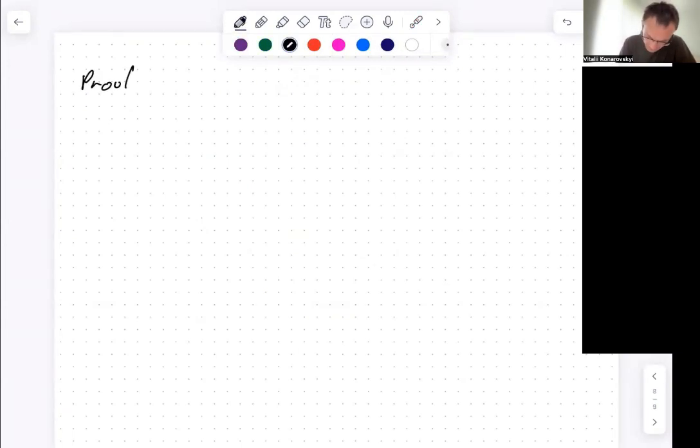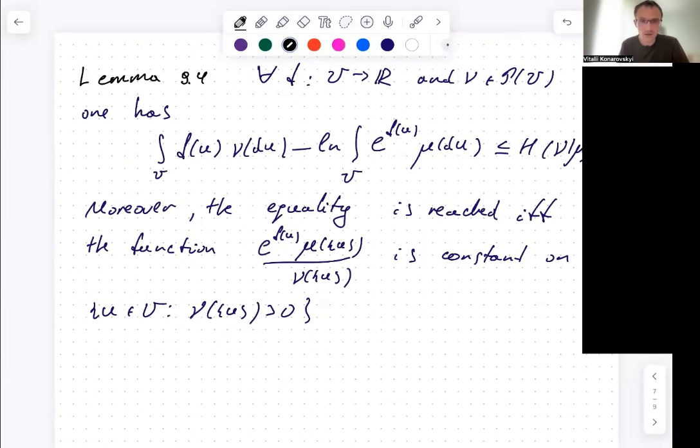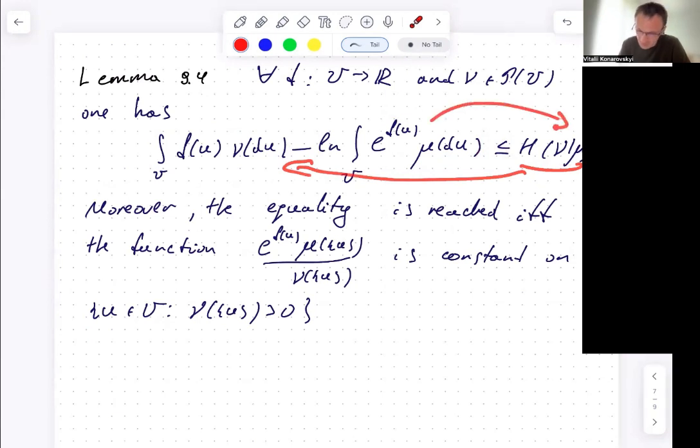Proof. And the proof, I would say, easily follows from the application of the Jensen inequality for a convex function. Instead of that inequality, we will do the following. We will consider that integral minus the relative entropy, and we will show that the difference is less or equal than this logarithm. Actually, we move this term to the left-hand side and that term to the right-hand side.